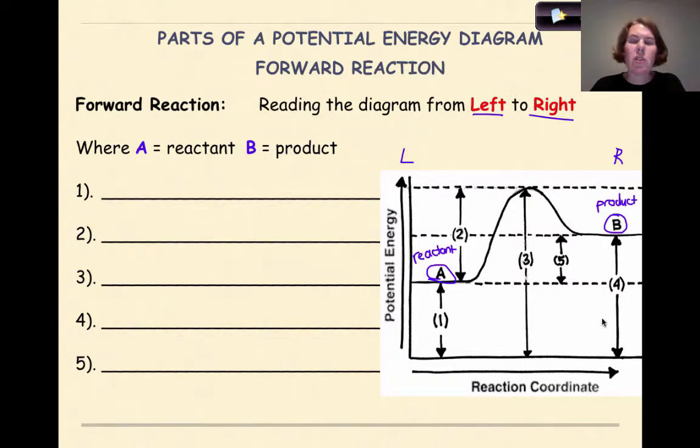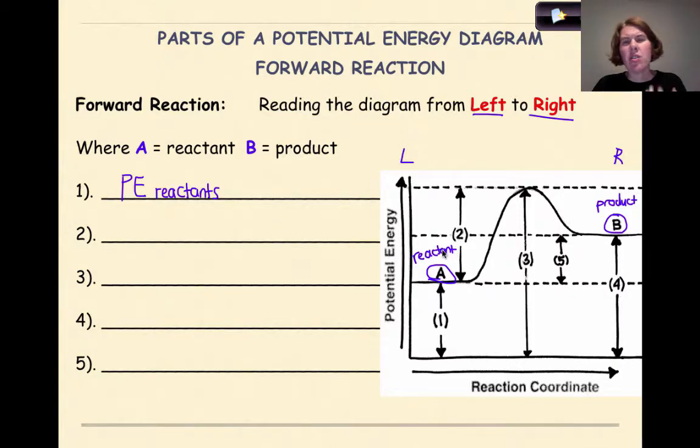And what we're going to do here is label the different parts of this potential energy diagram. So what is number one? Well, one is going to be the potential energy, and I'm just going to represent potential energy as PE of my reactants. So potential energy of my reactants. Now, two is the activation energy of the forward reaction.